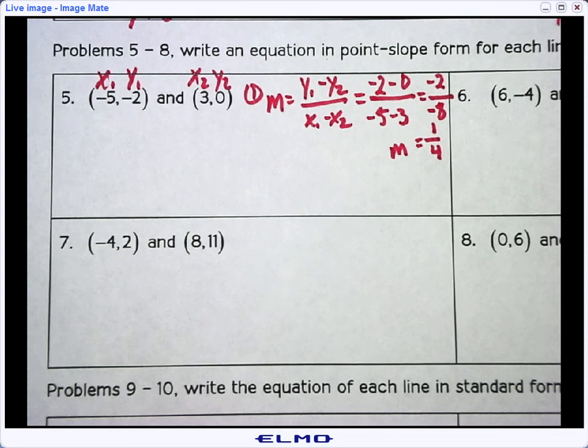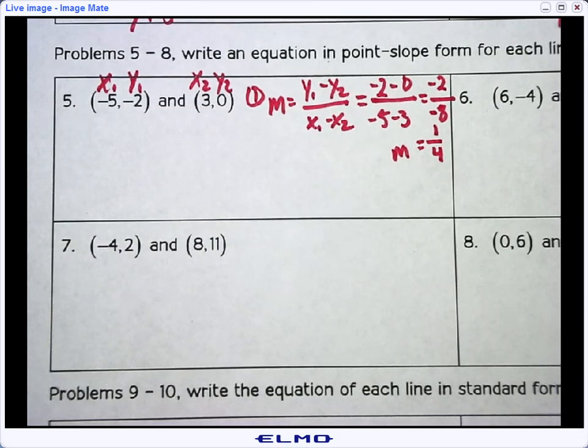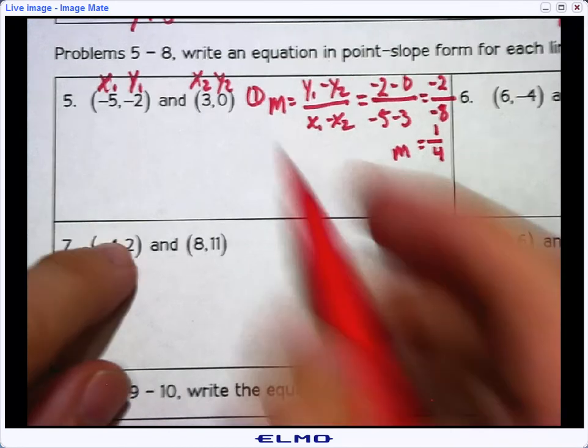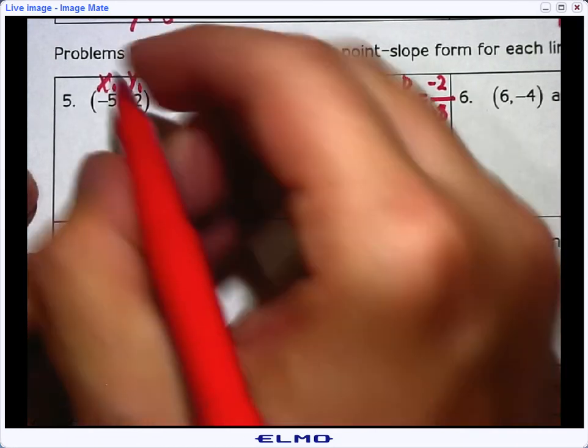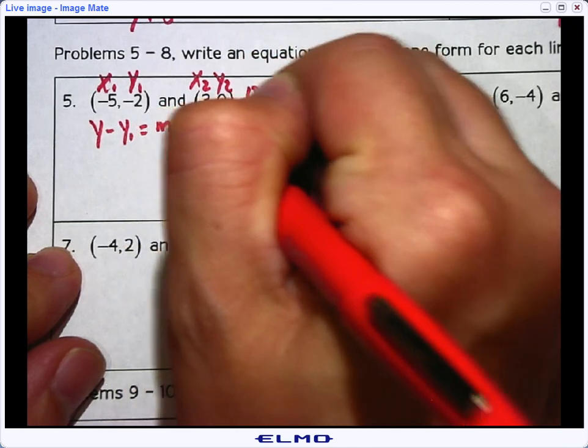It does not matter which point you pick. The answers may look a little bit different, but they will in fact be the same line. So I'm just going to go with the 3 and the 0 because usually zeros makes things clean up a little bit easier. So I'm just going with this point. So y minus y1 equals m times x minus x1.